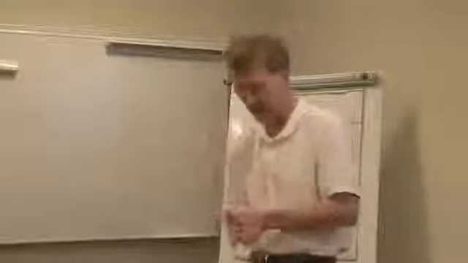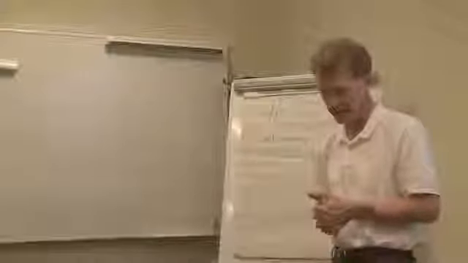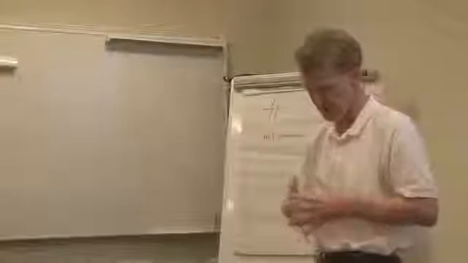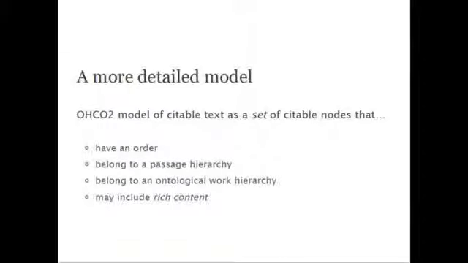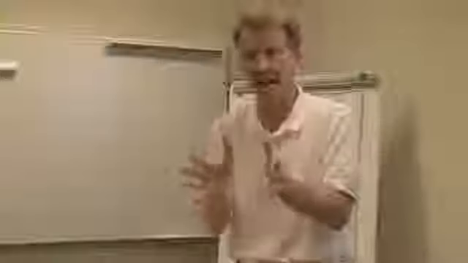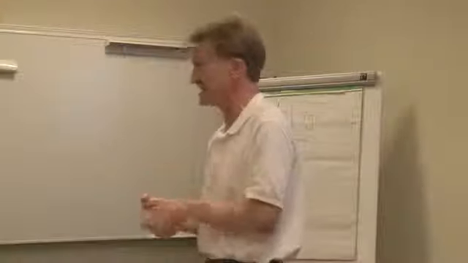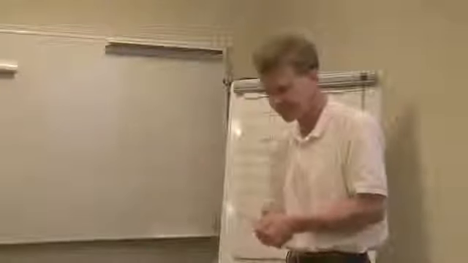The works also have a hierarchy independent of and orthogonal to the sequence of nodes within a version. And finally, our citable text model allows us to have rich content within a node. That is, we are not asserting that when you cite a node, it consists solely of characters of text. It might have markup, it might have other kinds of content, it might have rich content of whatever kind.